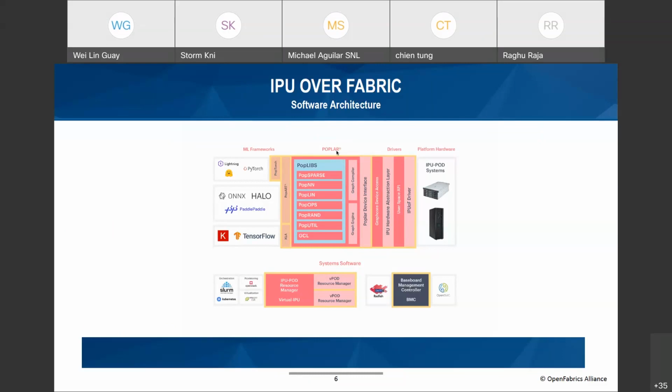And we see that the IPU over Fabric can be seen as a device driver that's attaching Poplar to the M2000. We can also view it as a replacement for the PCIe host link, linking the pod systems over Fabric.